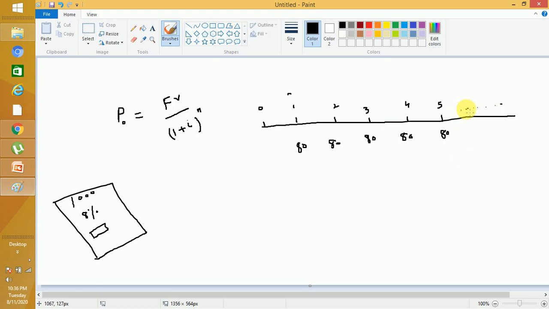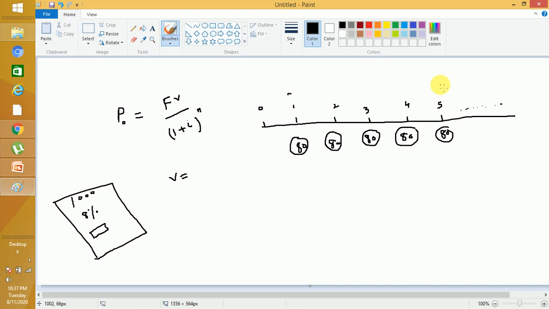This is going on and on. Now see, when we want to calculate the value of a bond today, what will we do? We will calculate the present value of this 80, then of this 80, this 80, this 80, and all the values.